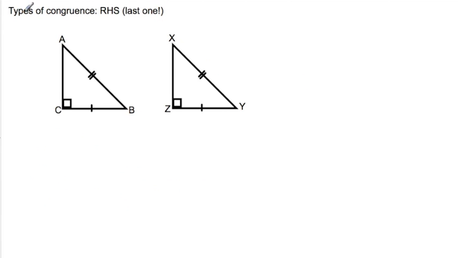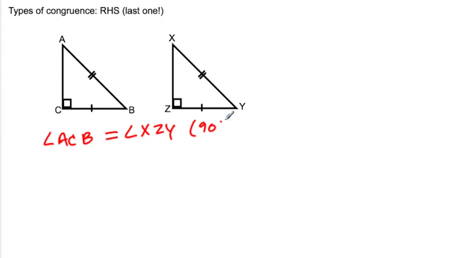The last type of congruence we're going to go over is the right angle hypotenuse side congruence. In this case, what we can see is that angle C and angle Z both equal 90 degrees. So we can say angle ACB is equal to angle XZY.